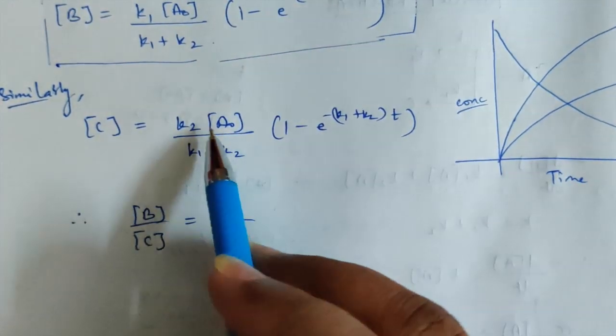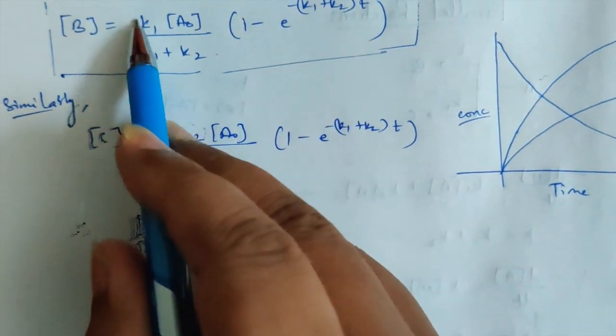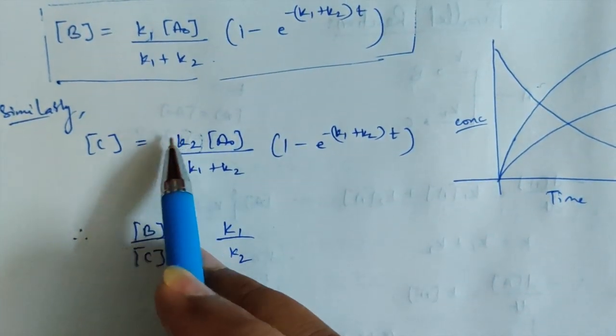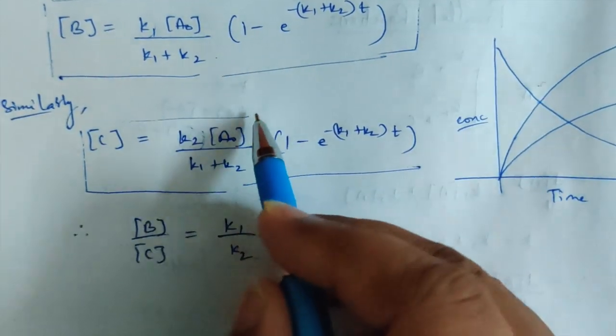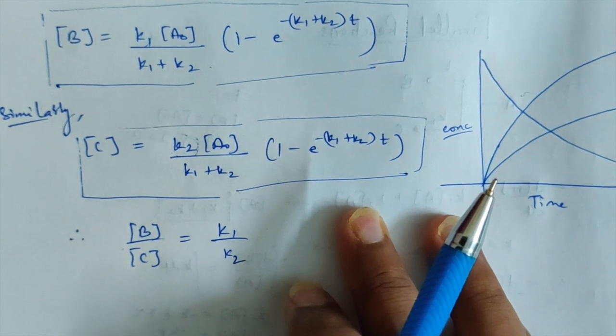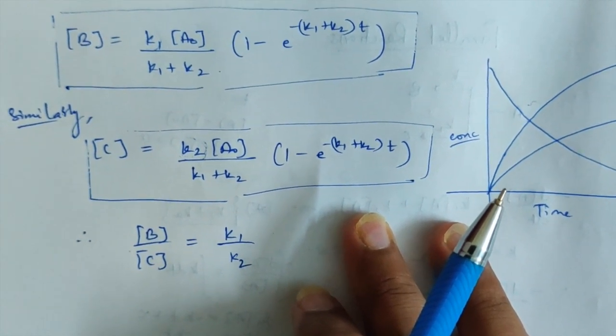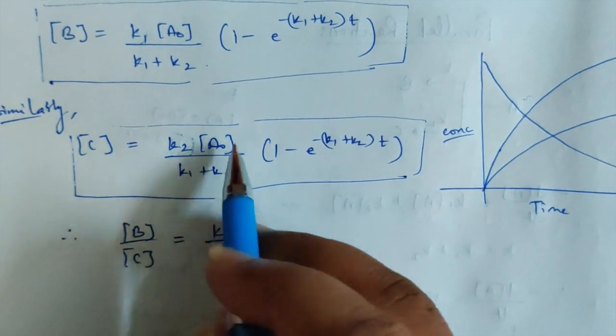So for C we'll get the same equation, with K2 in the numerator in place of K1. That's how you can calculate the concentration of both the products, B and C, at any given time t, if the initial concentration of the reactant is given to you.